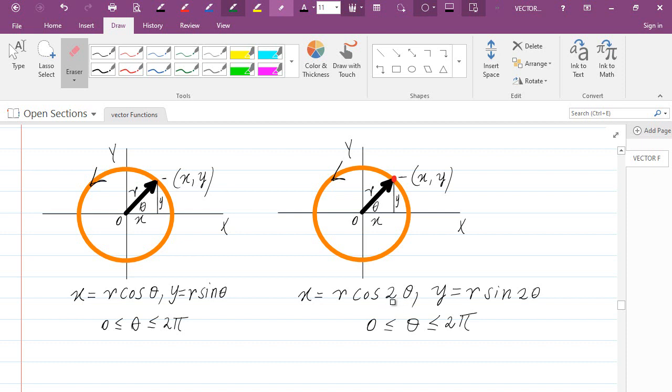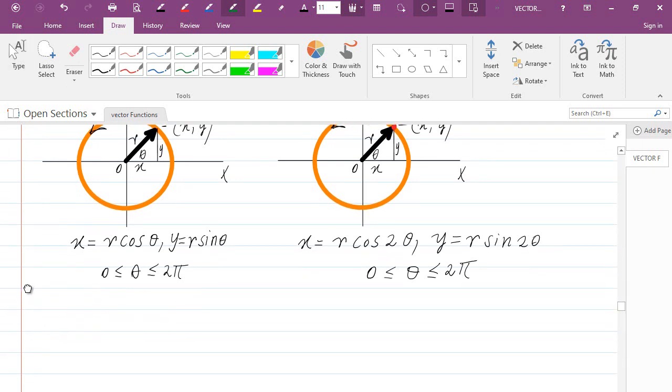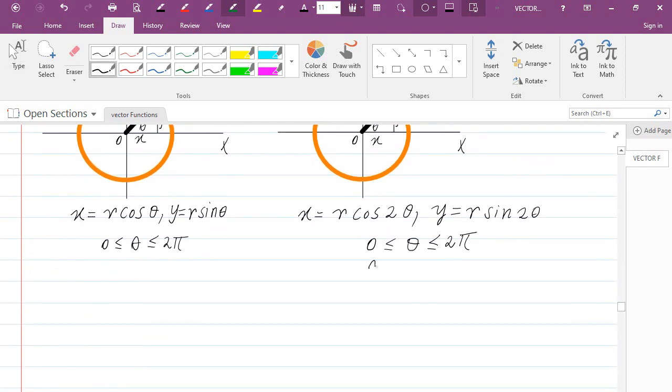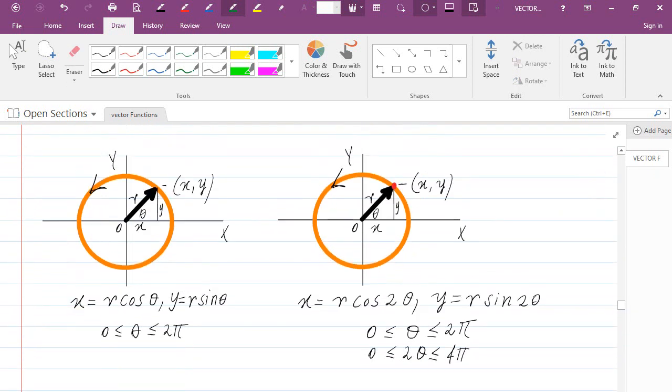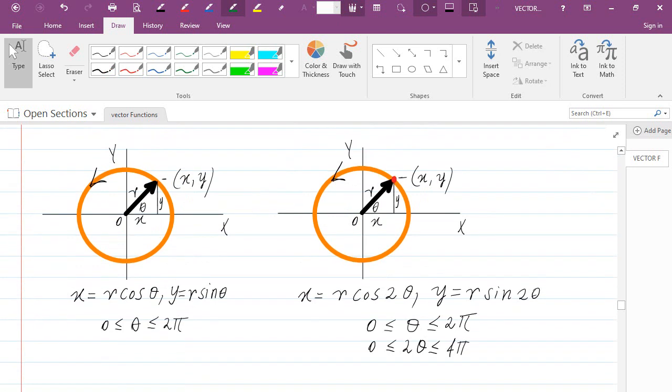What's going on is that as theta goes from 0 to 2 pi, 2 theta varies from 0 to 4 pi. When theta is 0, we are at the point right here, which is (r, 0).